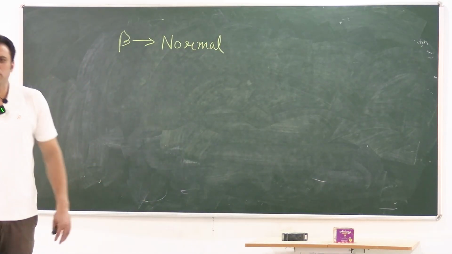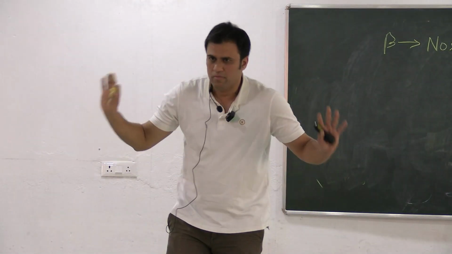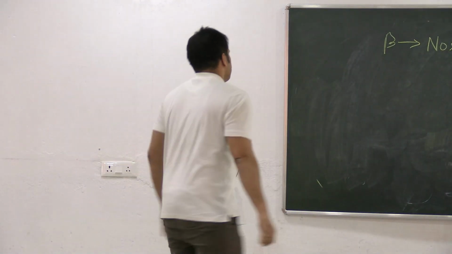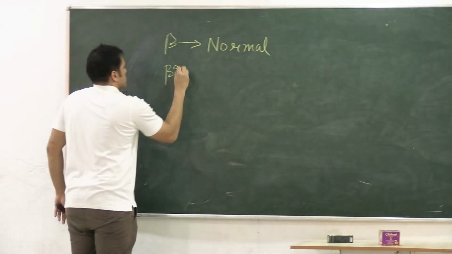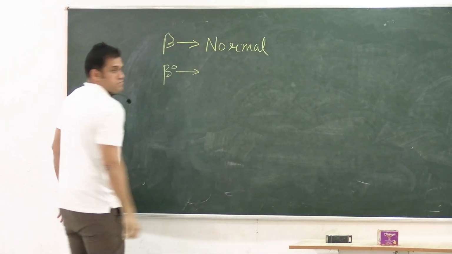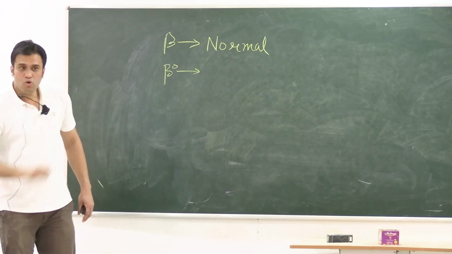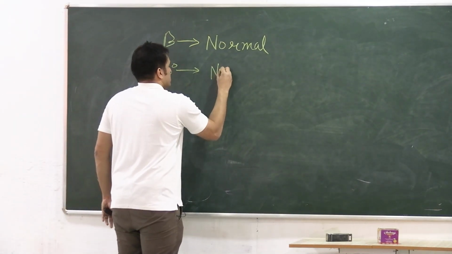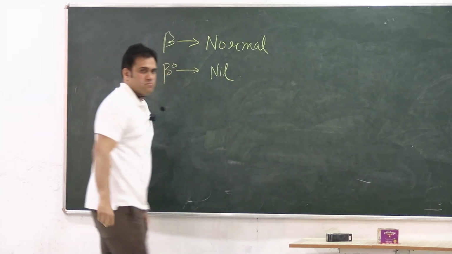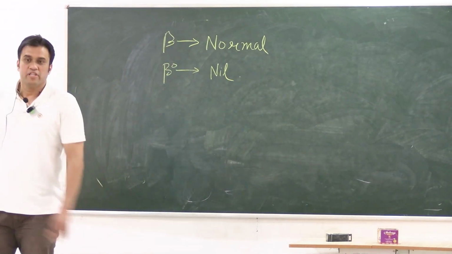Very much compatible with life. Normal. What does beta-0 mean? No beta chain. Absolutely no beta chain. Nil. There is no beta chain synthesis. Beta-0.